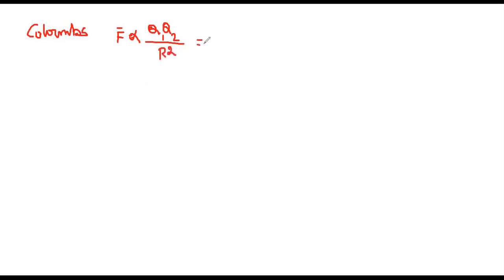And that proportionality constant is 1 by 4 pi epsilon naught, into Q1, Q2 by R square.